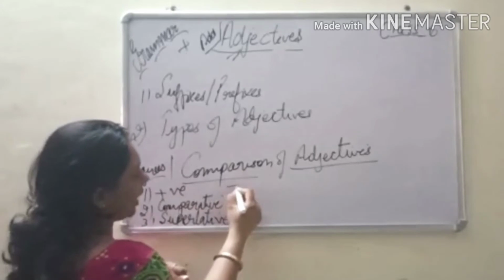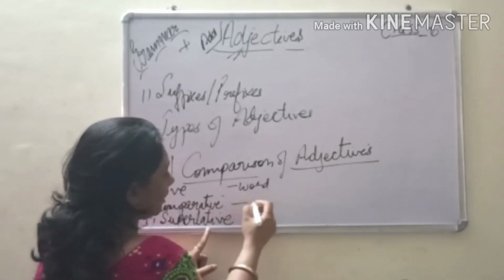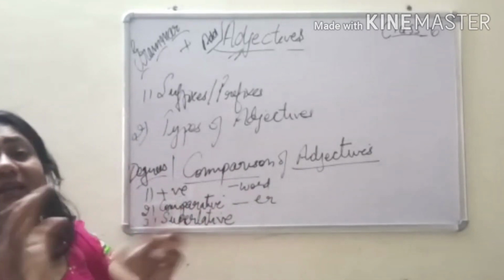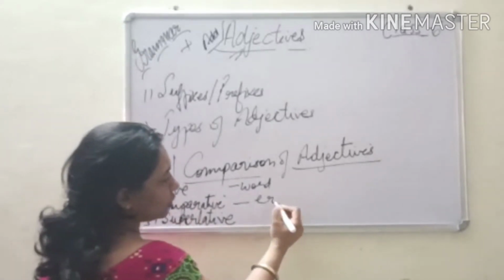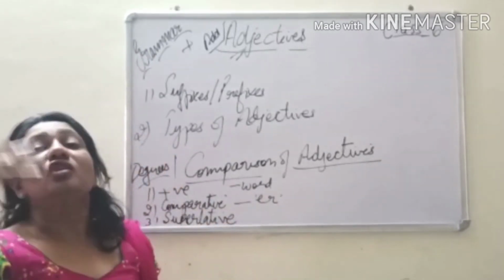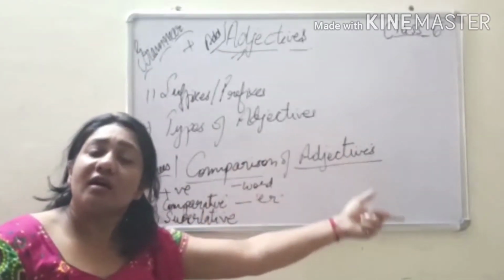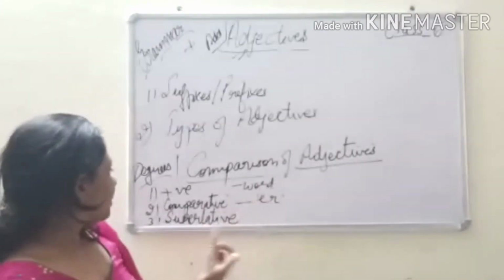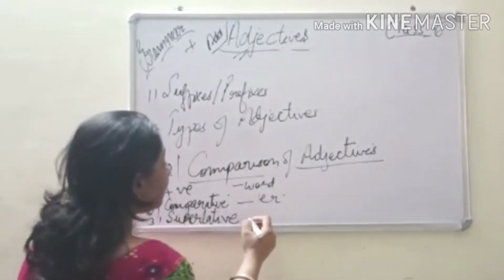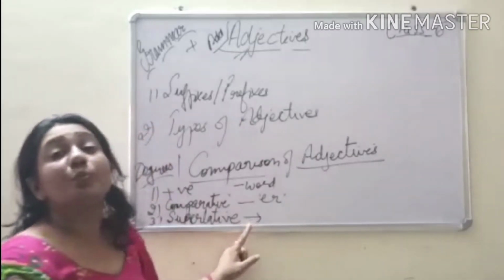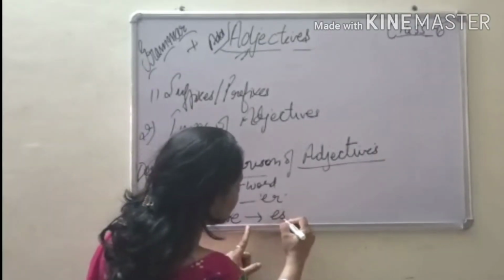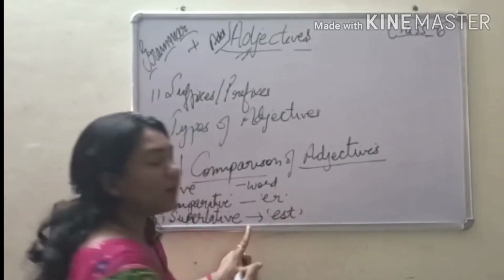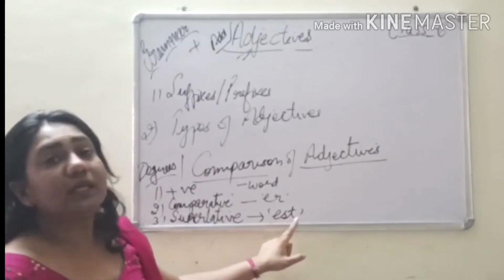So positive degree, I have told you, is the word itself. Comparative is when you do the comparison between 2 things. So it takes ER, like stronger. I am stronger than my sister. So this is your comparative degree. Third is the superlative degree, which is used for 3 or more things. We can say EST.